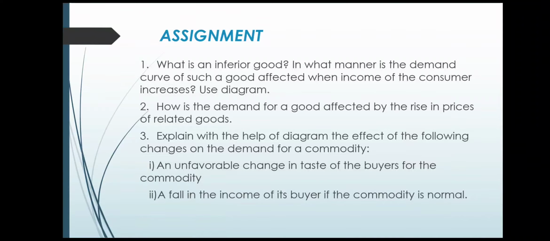As you know, the demand for inferior goods and the income of the consumer are in inverse relationship, and as a result, when there is an increase in the income of the consumer, there will be a decrease in the demand for inferior goods, even at the same price, even if the price of that inferior good remains same, and as a result it will lead to leftward shift of demand curve.